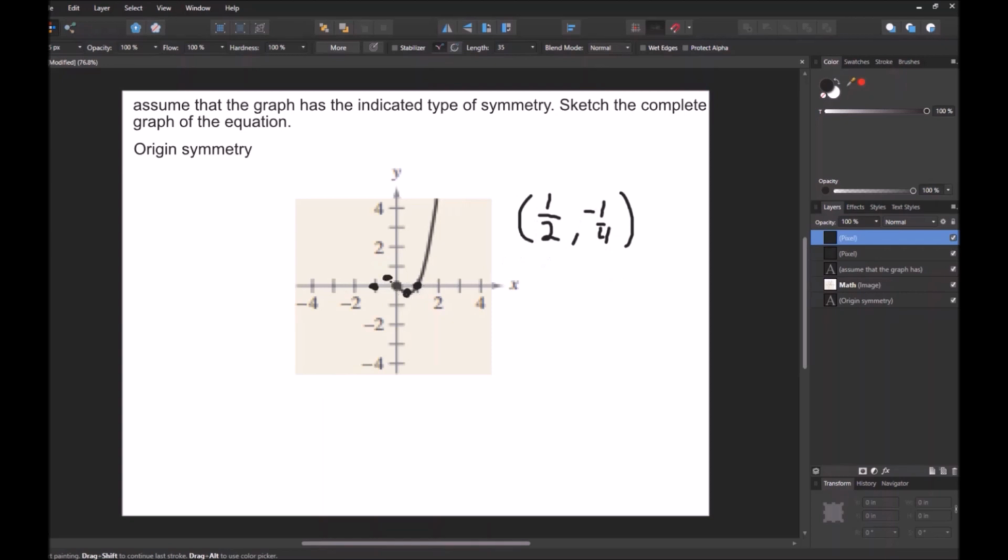Now knowing that, we can see the pattern, and we can see that it would go down this way and go out of bounds on the graph at the negative 2 point. So we can draw it like this, and we can say that that's our rough sketch of the graph. And once again, this is just a rough sketch. It doesn't have to be exact, but that's how you would do that one.